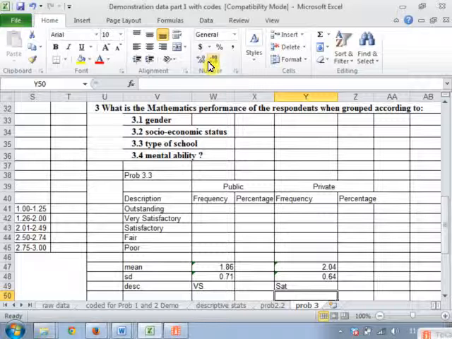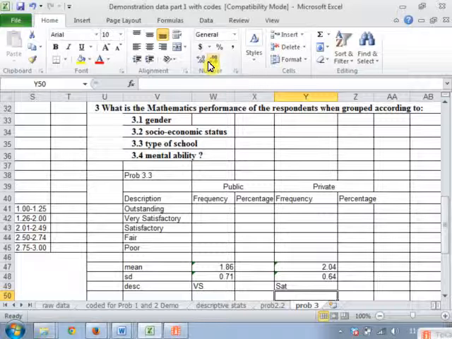Maybe there are restraints because there are many respondents. Okay. So you see here that those students coming from the public school who took the NMAT have a mathematics performance average that is very satisfactory. That is of higher mean than those coming from the private, correct?